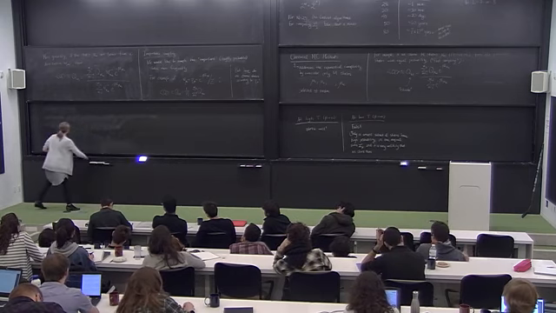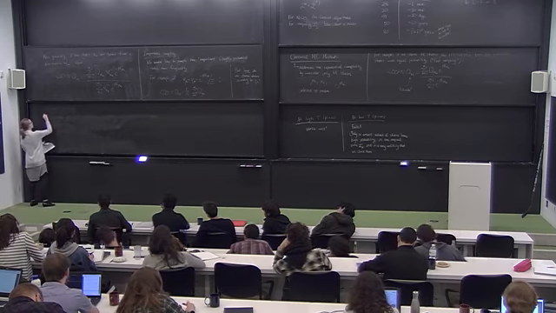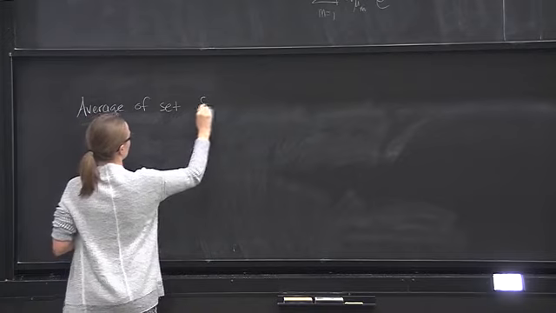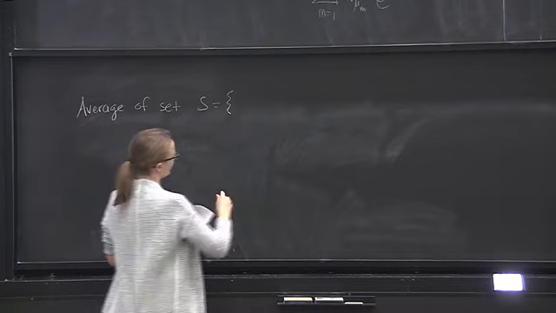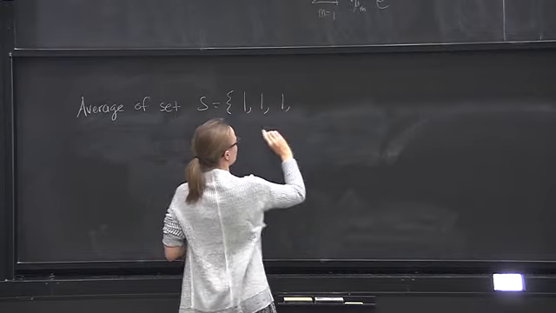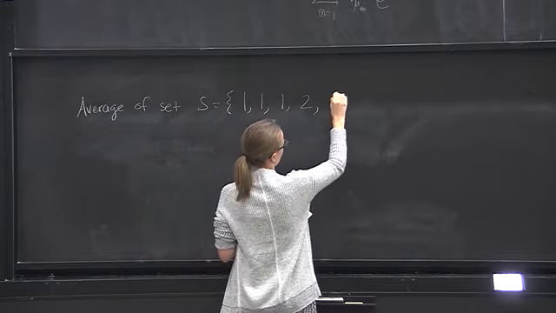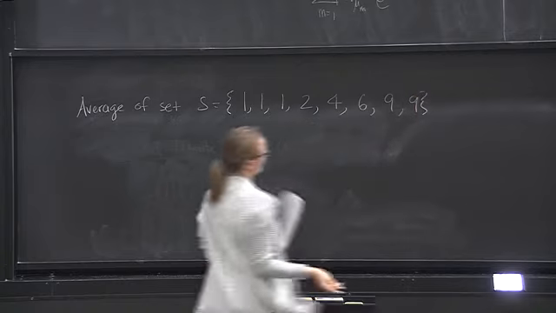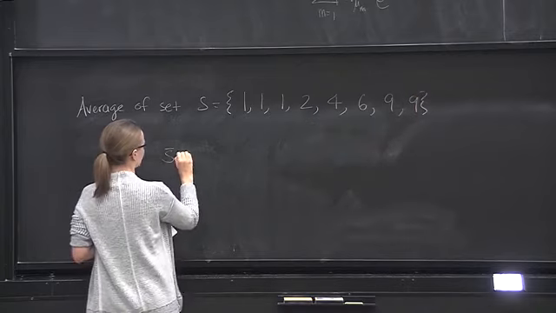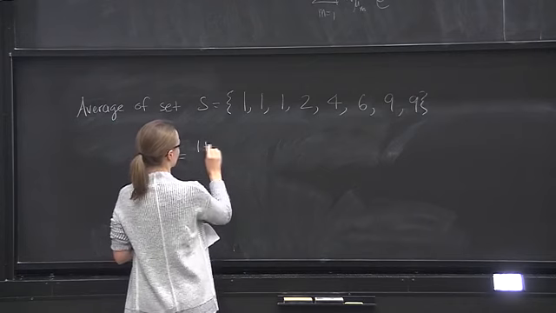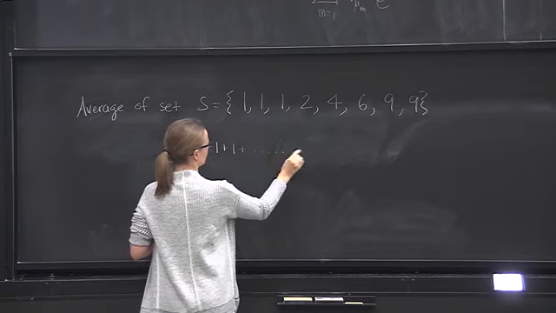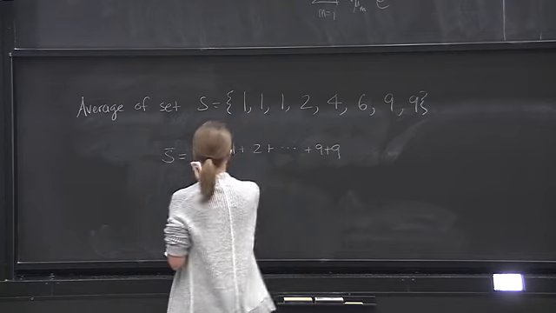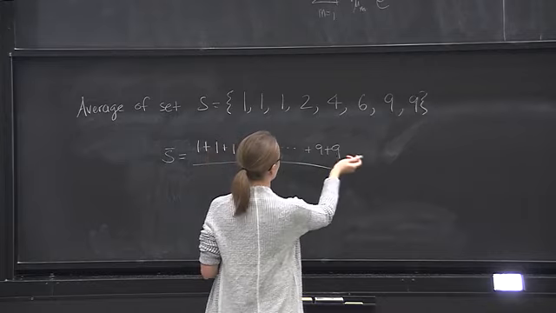So let's say I'm trying to calculate the average of some set, and the elements in here are 1, 1, 1, and then I'm repeating some other things, like this. Then I could calculate the average by directly summing all of these things over how many elements? 1, 2, 3, 4, 5, 6, 7, 8.